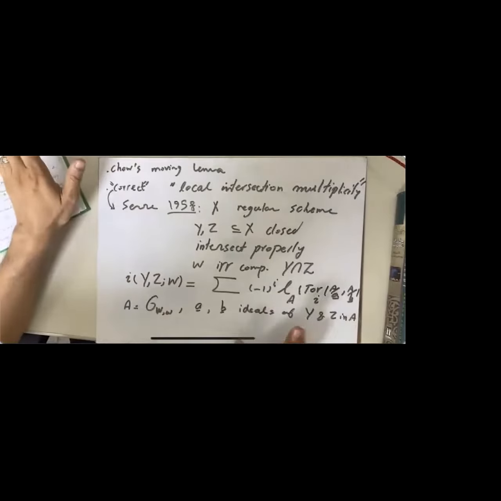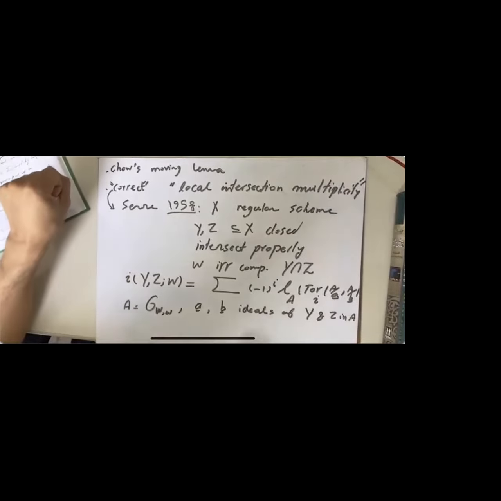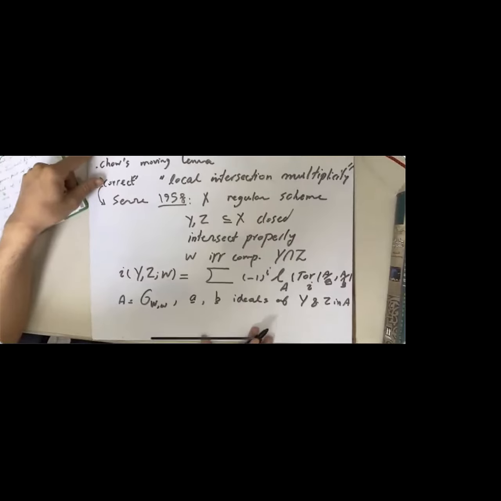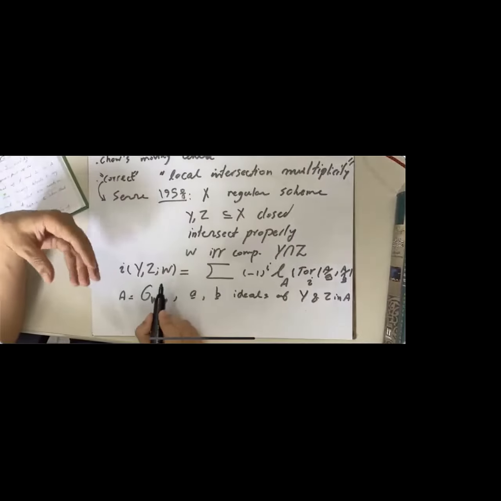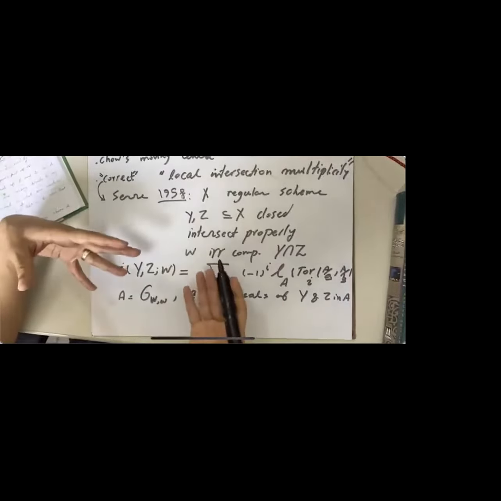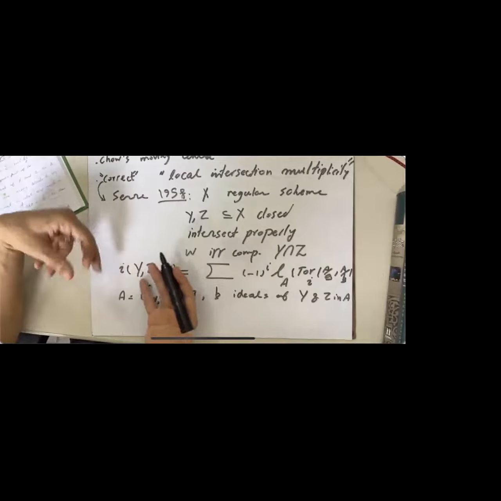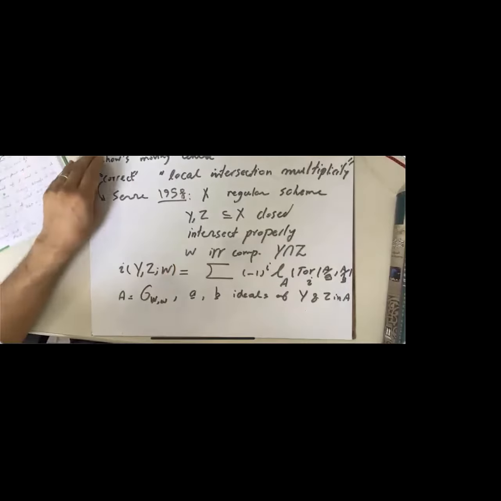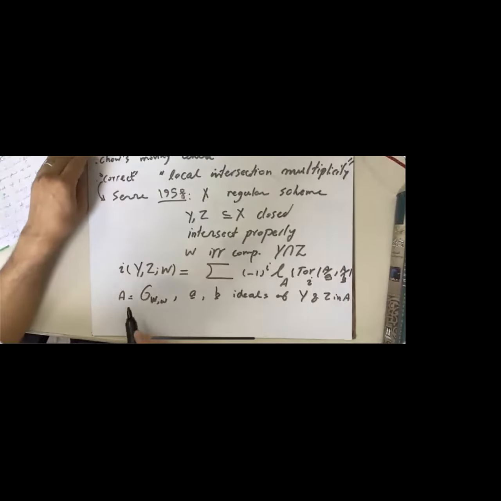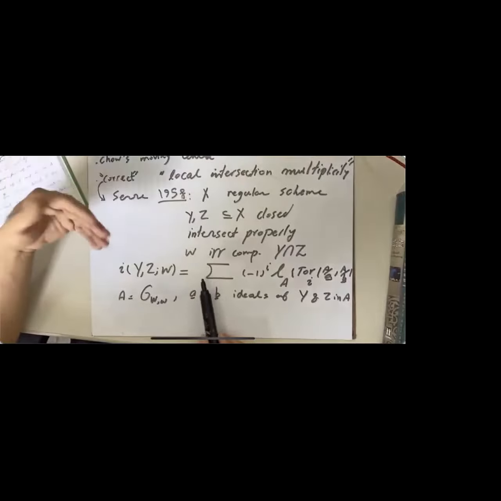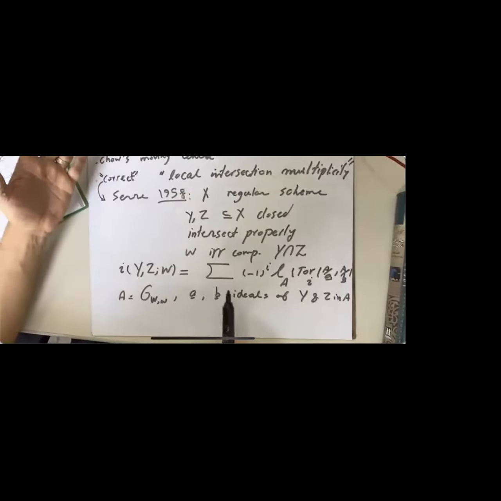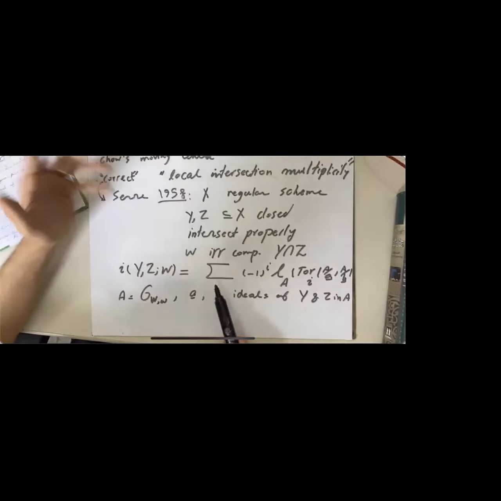So this was the original definition of Serre, and Serre showed that this number is what we understand as the local intersection multiplicity of the varieties Y and Z in the component W. It is very non-trivial to show that this is indeed the intersection theory that we need, but of course, Serre did that in 1958.